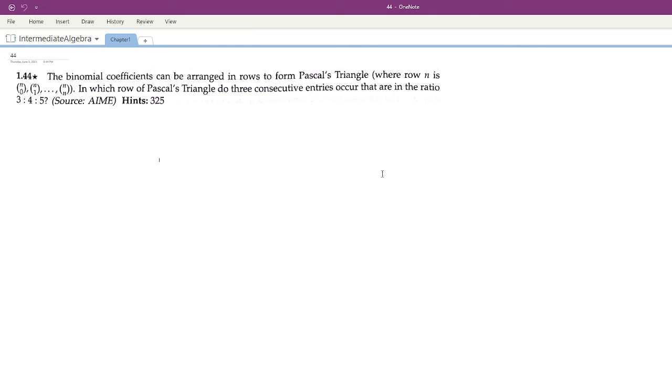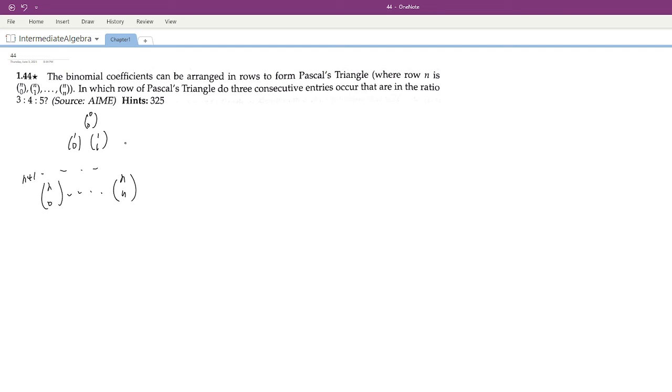So the final question is, we form a row of a Pascal triangle. We know the row here is 0 pick 0, then 1 pick 0 and 1 pick 1. So the nth row is n pick 0 to n pick n.